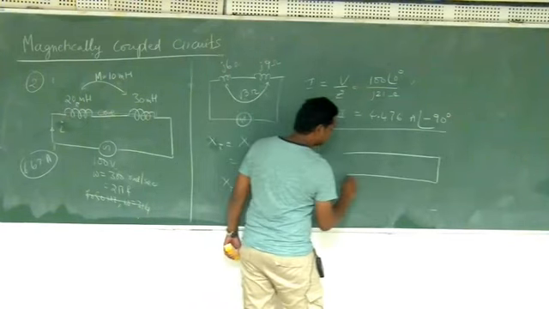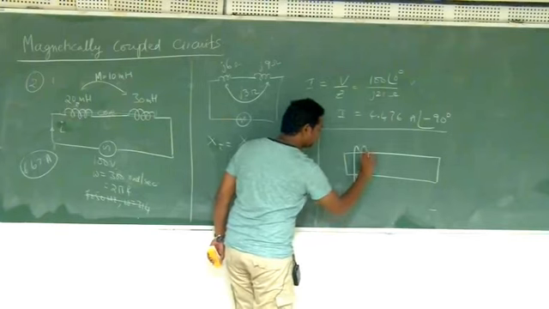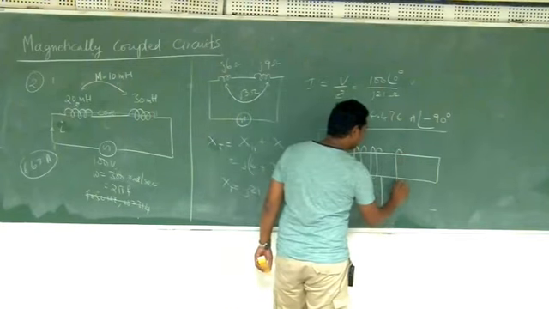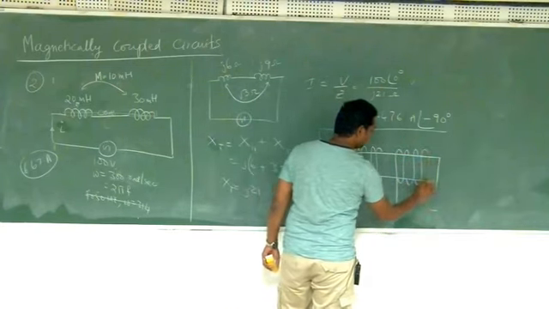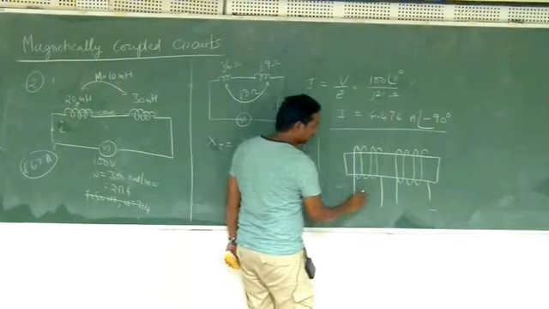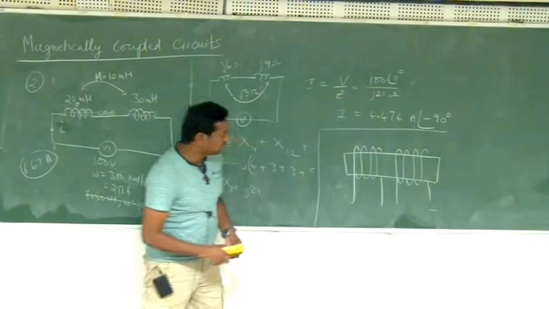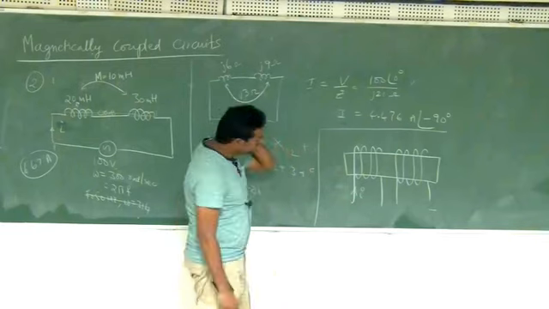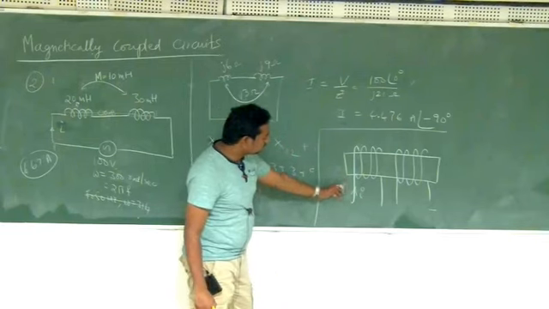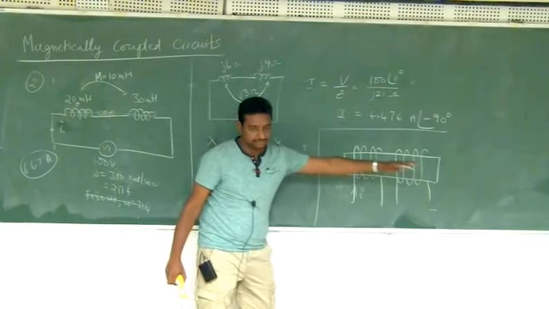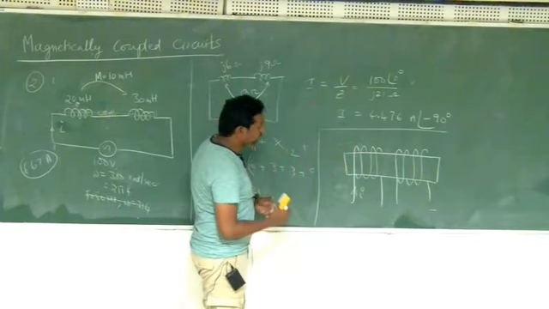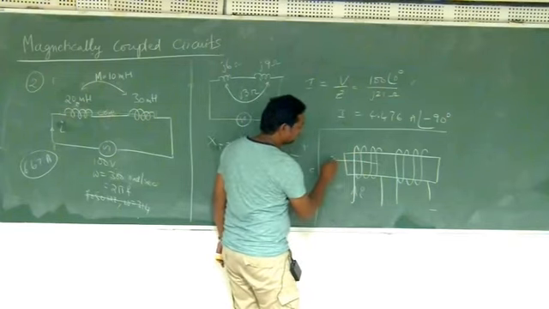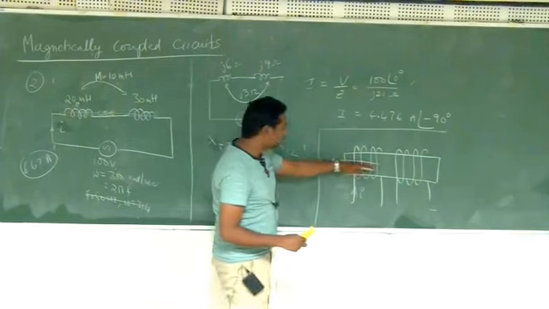I take a core like this and then I give a winding like this. So this is my first winding. Second winding also I'll give the same way. So this is the first coil and second coil. Whenever there is a current I entering this node, what will happen? This current I will set up magnetic field towards right or towards left. You can use your right hand rule. So the current is going like this, inside the core the flux will be this way.